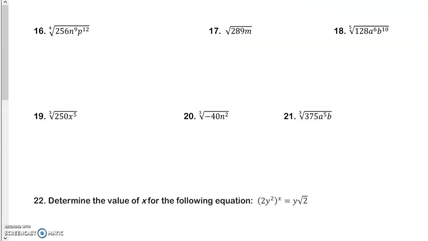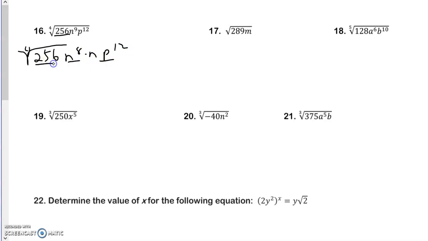Taking a look at the next page, we are going to see how we're doing the 4th. So you're going to take the 4th column on your chart, and you got to find out what can go into 256. 256 is perfect. Okay, but the n to the 9th is not. So I'm going to take that 2, I need to make that multiples of 4. So this was going to be n to the 8th, n, and then p to the 12th, because 12 can go into 4.